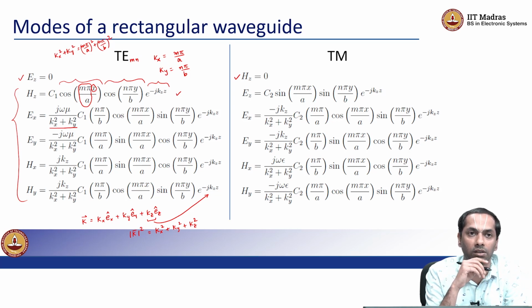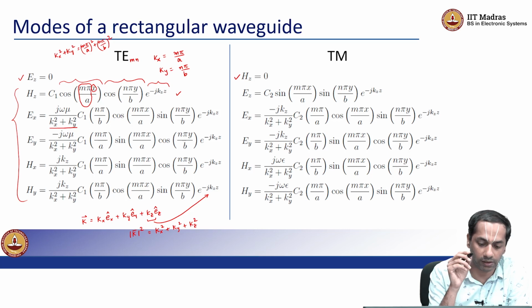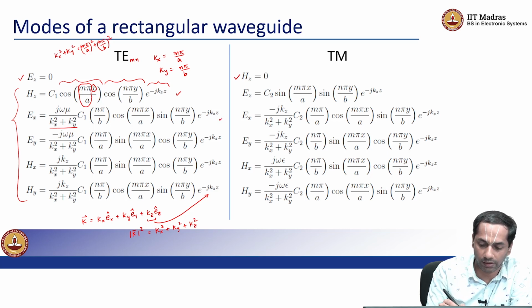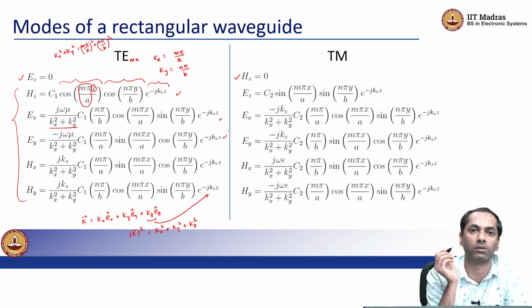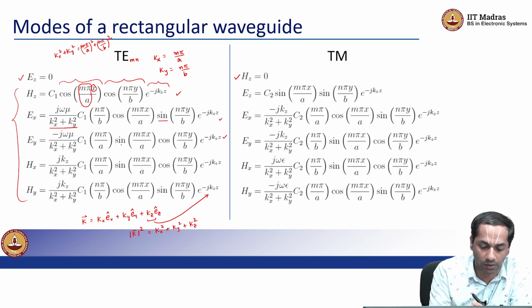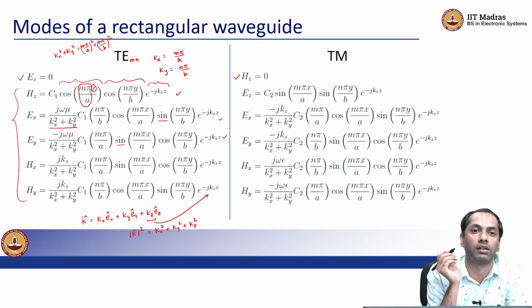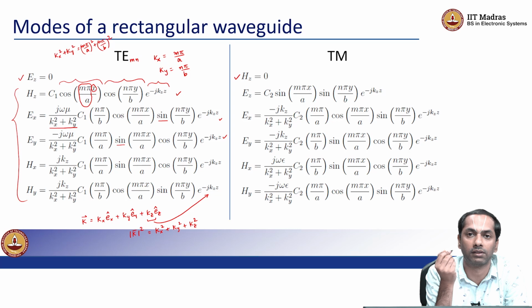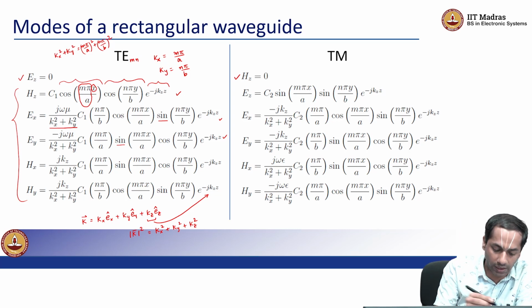So Hz can be a constant, but we notice that Ex and Ey become 0. There's either a sine n pi y by b or a sine m pi x by a, and both of these sine terms would go to 0 if both m and n were 0. Which means that there's no electric field at all. So there cannot be an electromagnetic wave, which means to say that TE00 does not exist.